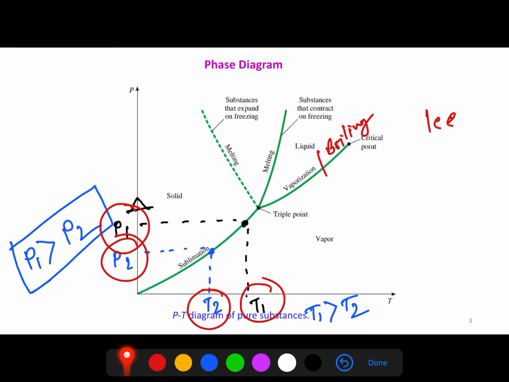So from this PT diagram, what we understood is the relation between the saturated pressure and the saturated temperature, and we found similar characteristics for sublimation and vaporization, but different characteristics for the melting or fusion process. We can see the pressure is increasing, the temperature is decreasing. So that's the PT diagram. That's it.